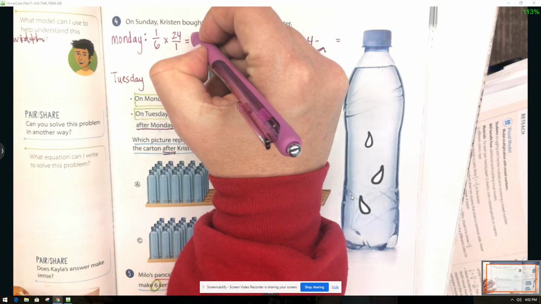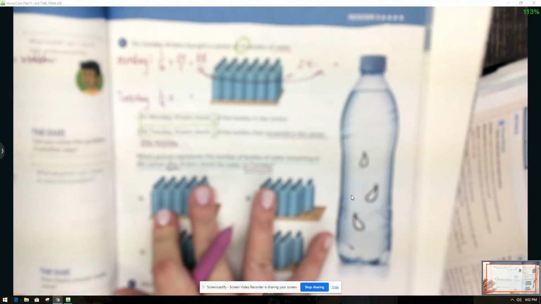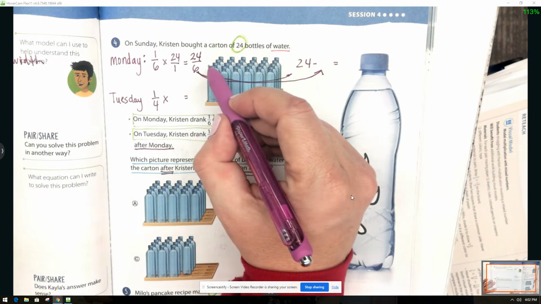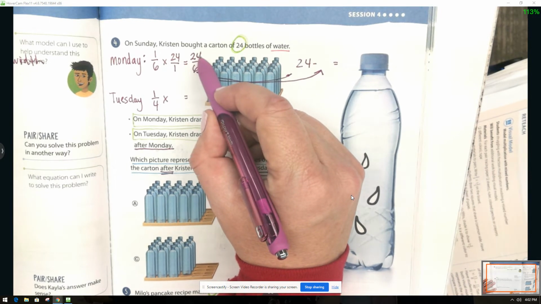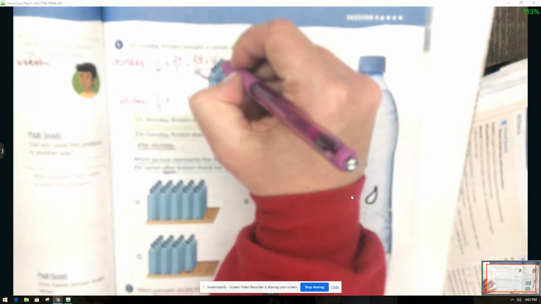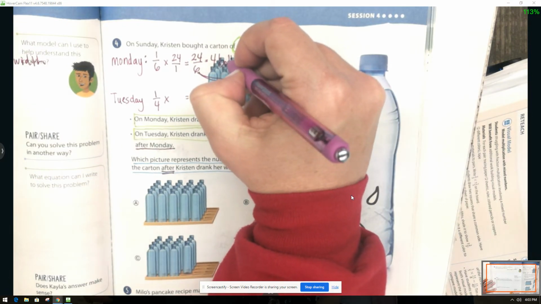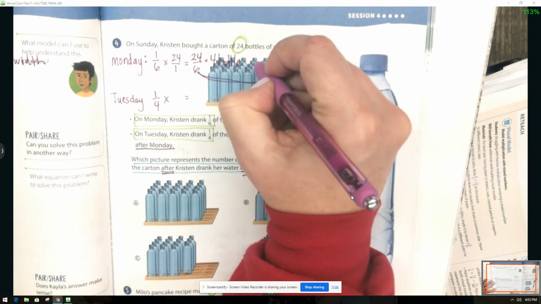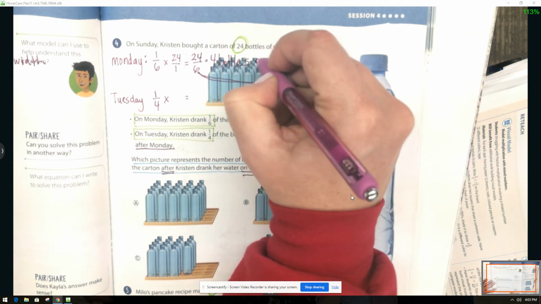That would give us a product of 24 over 6. And we know that 24/6, if we see how many times 6 goes into 24, that is 4 times. So that means that she drank on Monday 4 bottles of water.